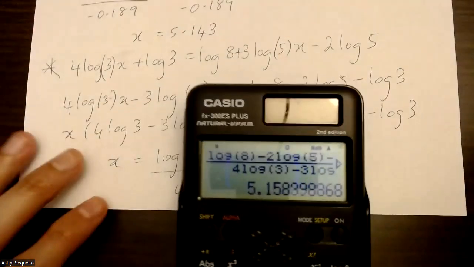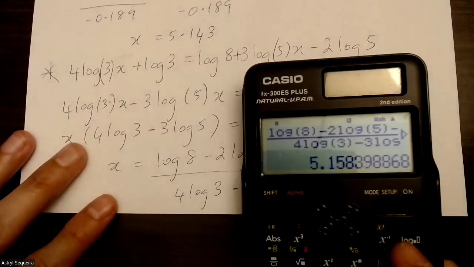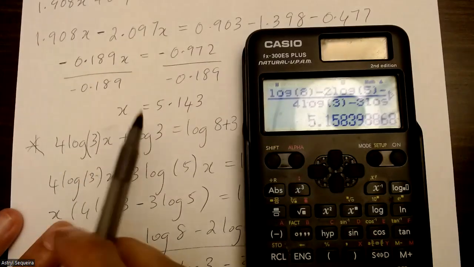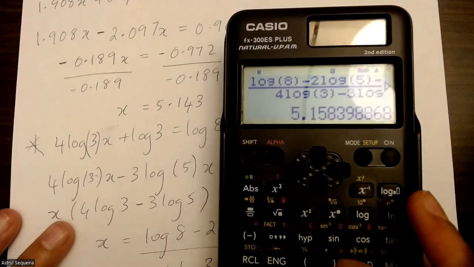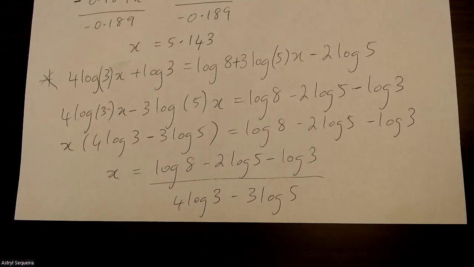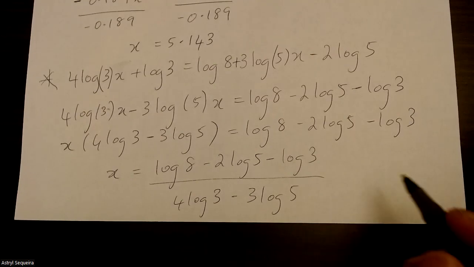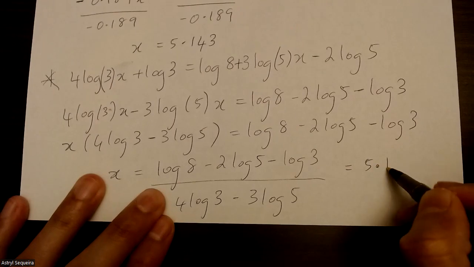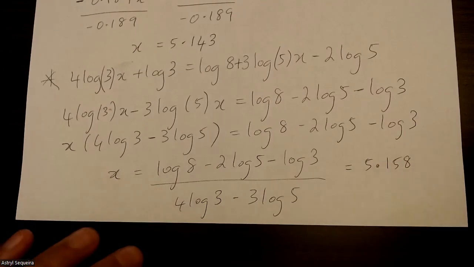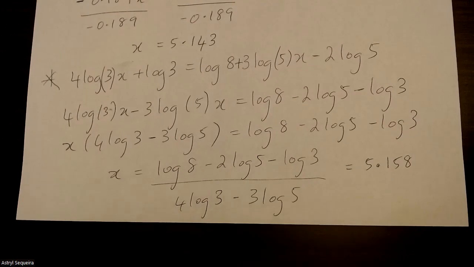And as you can see, it's a very similar answer, 5.158, but since there's no rounding, you can tell that this is off by just about 0.02. So if we didn't round it, it would be like 5.158. Or you could leave it like that for an exact solution.